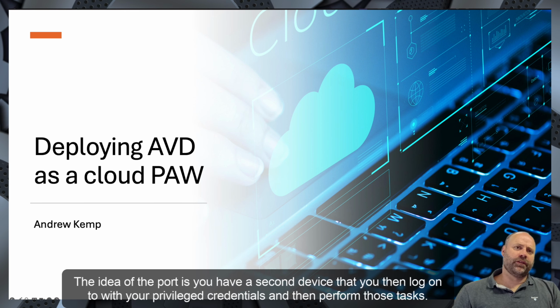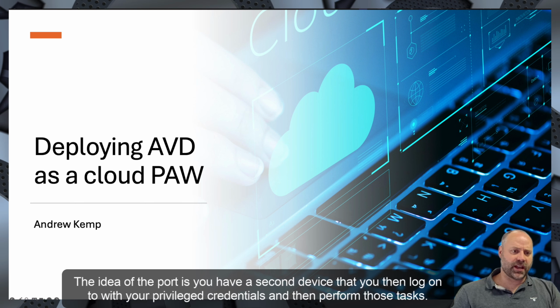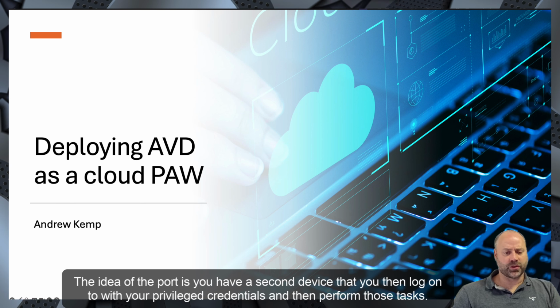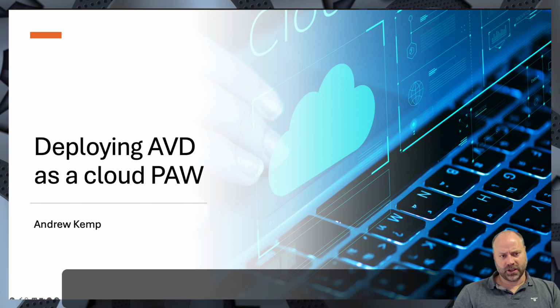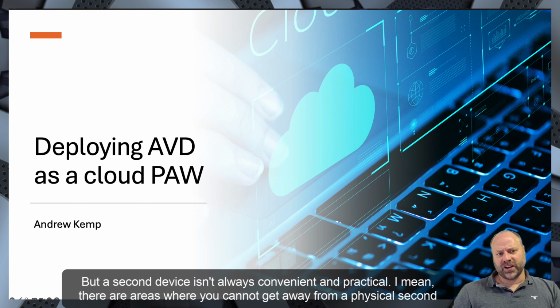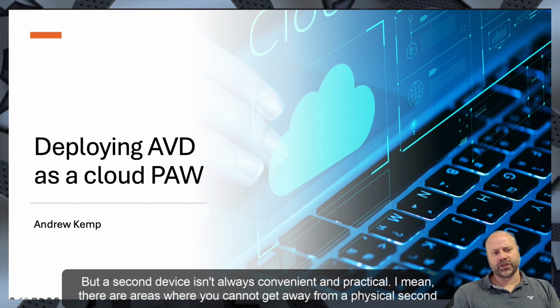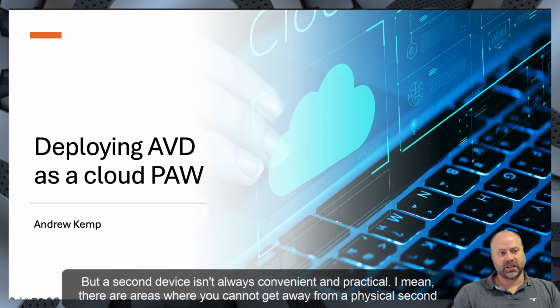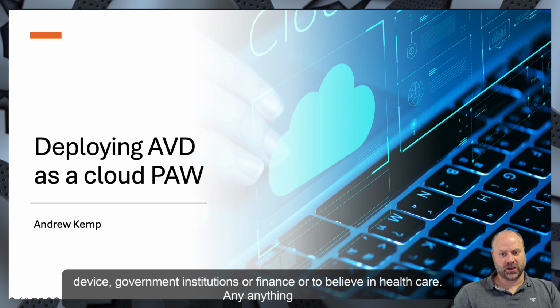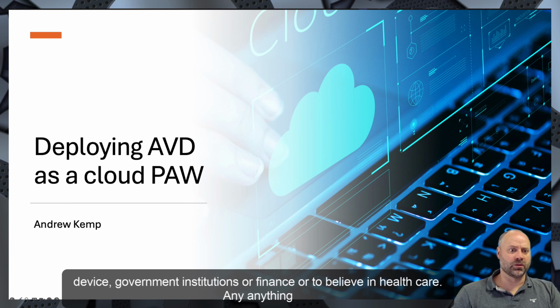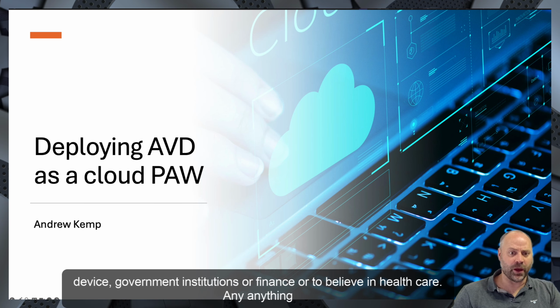The idea of the PAW is you have a second device that you then log on to with your privileged credentials and then perform those tasks. But a second device isn't always convenient and practical. I mean, there are areas where you cannot get away from a physical second device: government institutions or finance or possibly even healthcare.